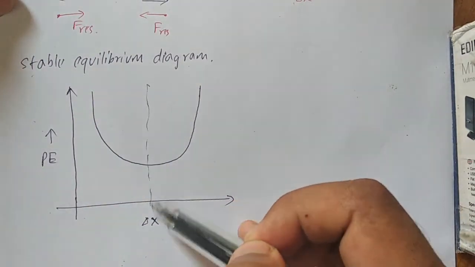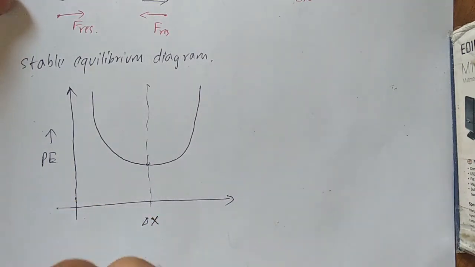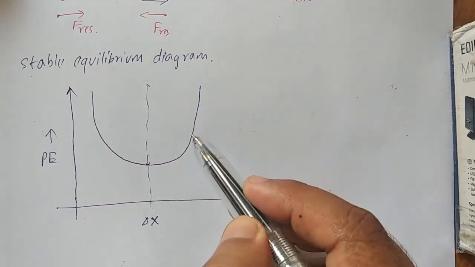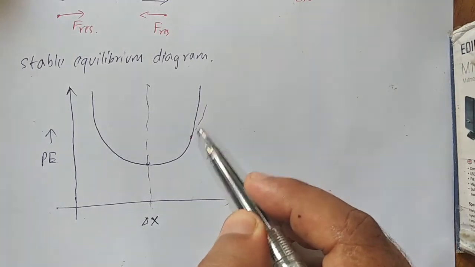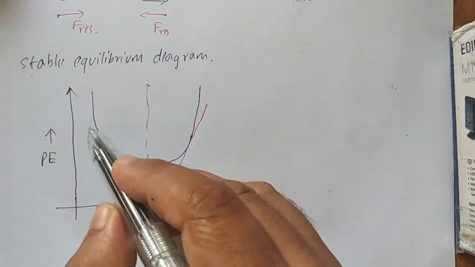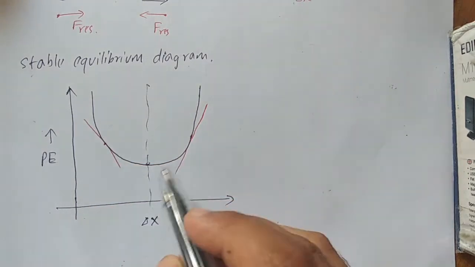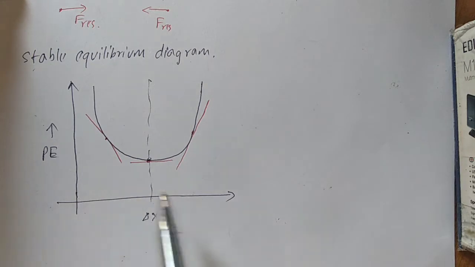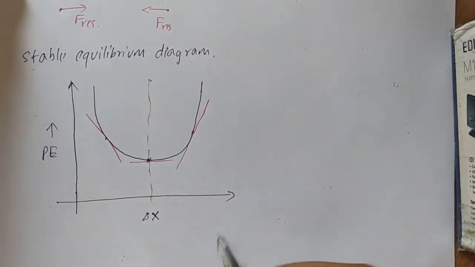You can see in this diagram that this curve has a positive slope on this side and a negative slope on this side, and at the center you have zero slope. So what is the slope I am talking about?